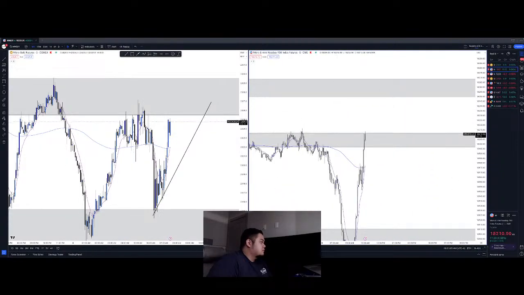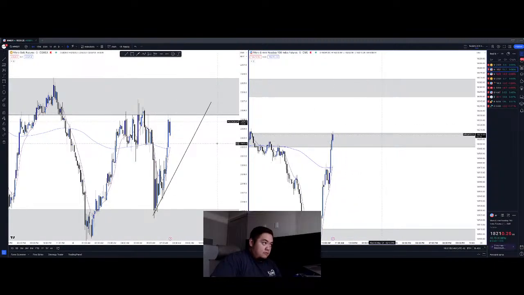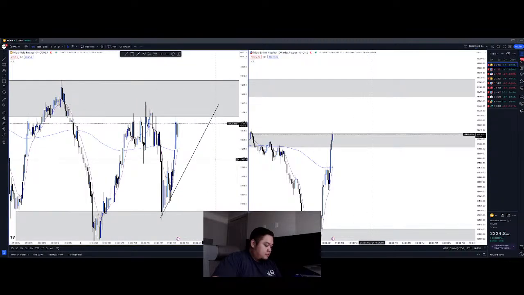Dude, that's a strong 1 hour candle. Ruben said, waiting for the creation of the new range on the 1 minute in that yellow area.